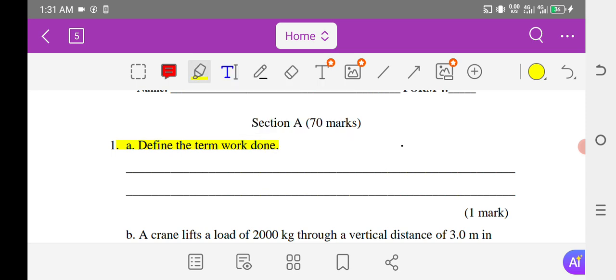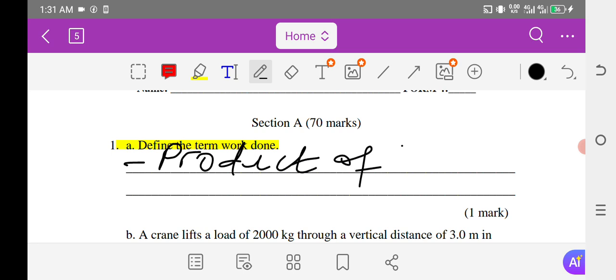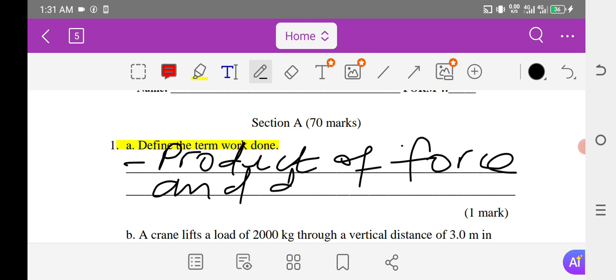Question number 1 is saying define the term work done. We define work done as simply the product of force and the distance in the direction of the force.